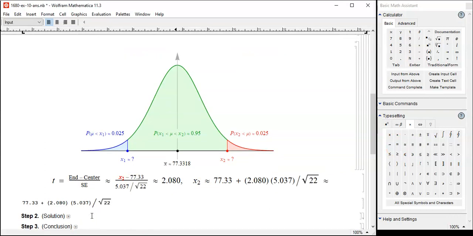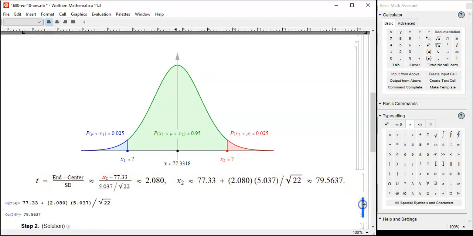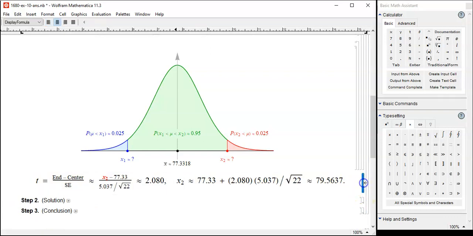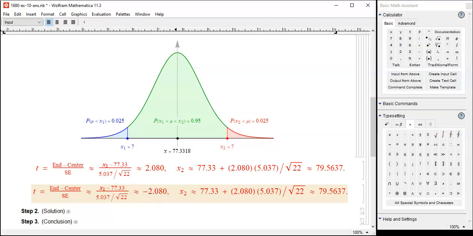Let's see, what is this quantity? 79 point something. That's the x2 value, the upper bound of the 95% confidence interval. Now, what if you're looking for the lower bound, this x1, and by symmetry, this is negative, that's negative.